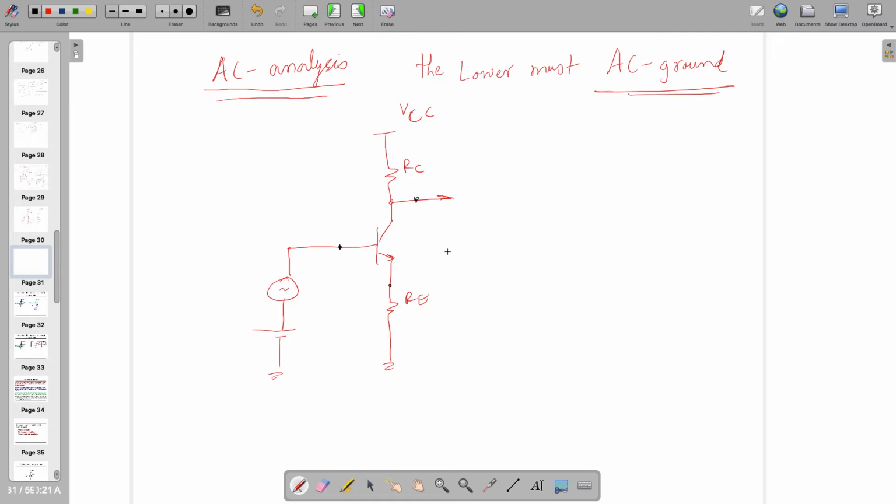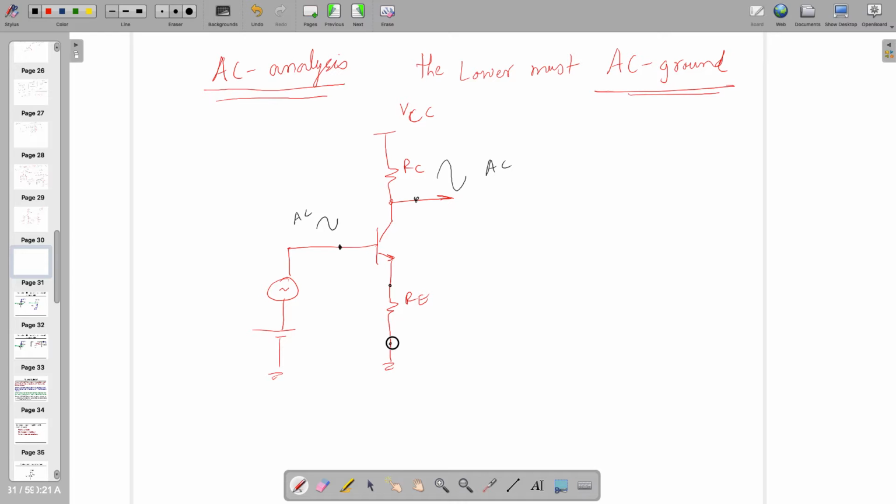Here you can see I am applying a sine wave, so this AC is already here. If I apply this kind of signal, at the output it's amplified and it's also AC.